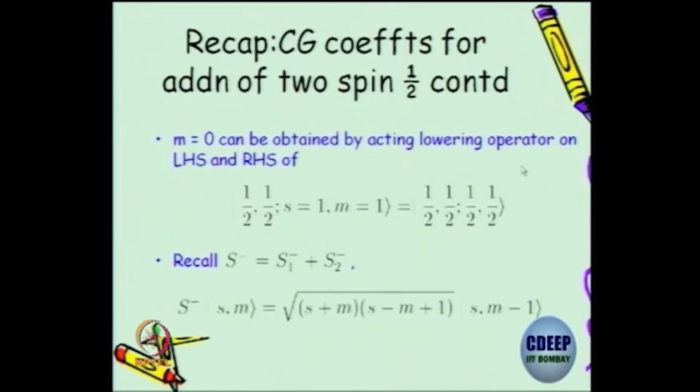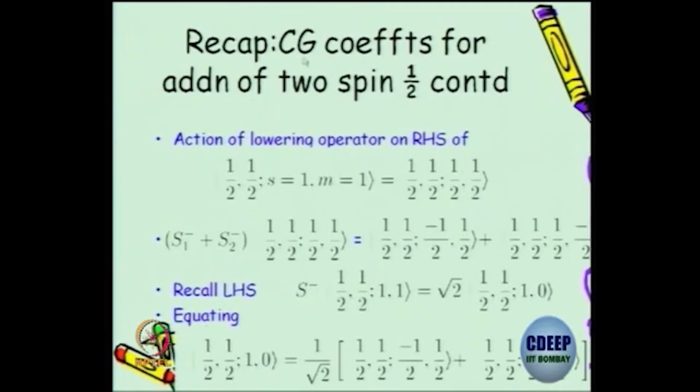So we did this elaborately, and we found the coupled state with one lower magnetic quantum number, which is 1, 0, in terms of the uncoupled basis states, and these coefficients are what we call the Clebsch-Gordan coefficients, and we could write the Clebsch-Gordan matrix.